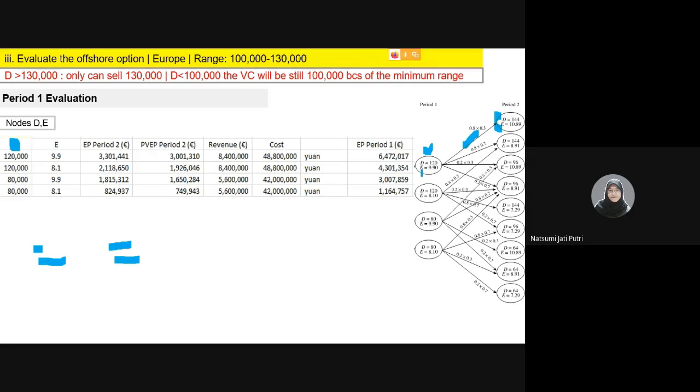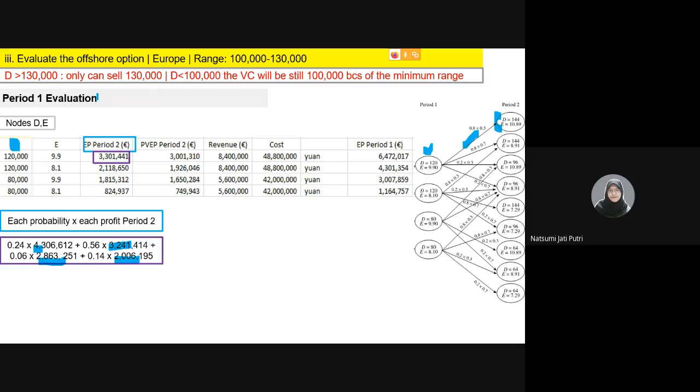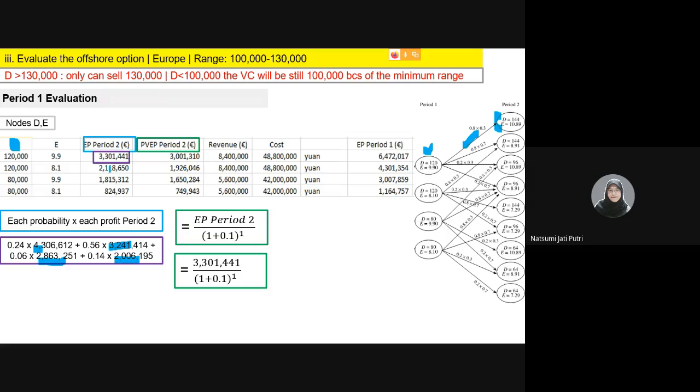Okay, next for the period 1 evaluation. We had reached here. For the expected profit, it is the same: each probability times each profit. For the PVEP of period 2, it is also the same, just the value here divided by 1 plus 0.1 squared by 1.